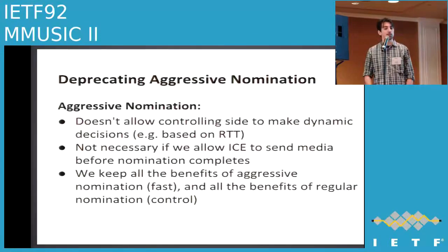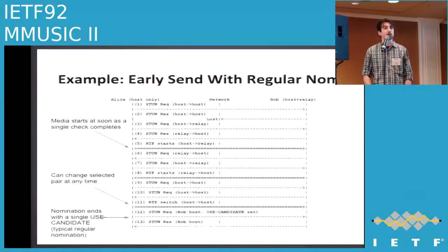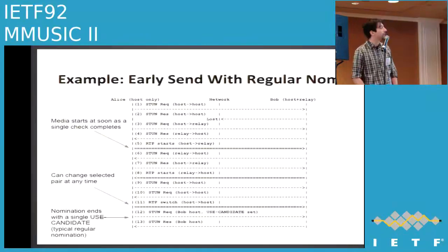Based on the rules that exist within ICE right now, you can actually start sending media as soon as you have your first valid check, even with regular nomination. If you look at this diagram, we have Alice and Bob trying to communicate with one another. Alice has a host-only candidate, and Bob has host and relay candidates.